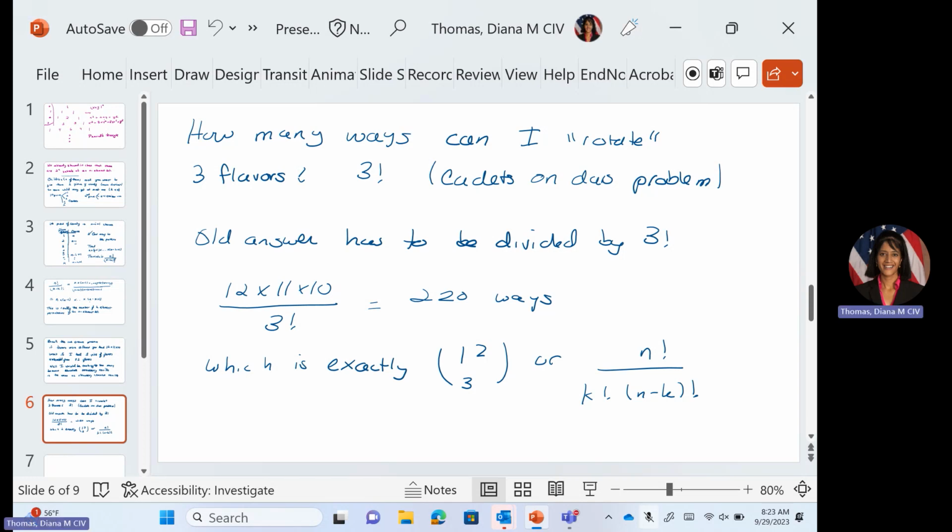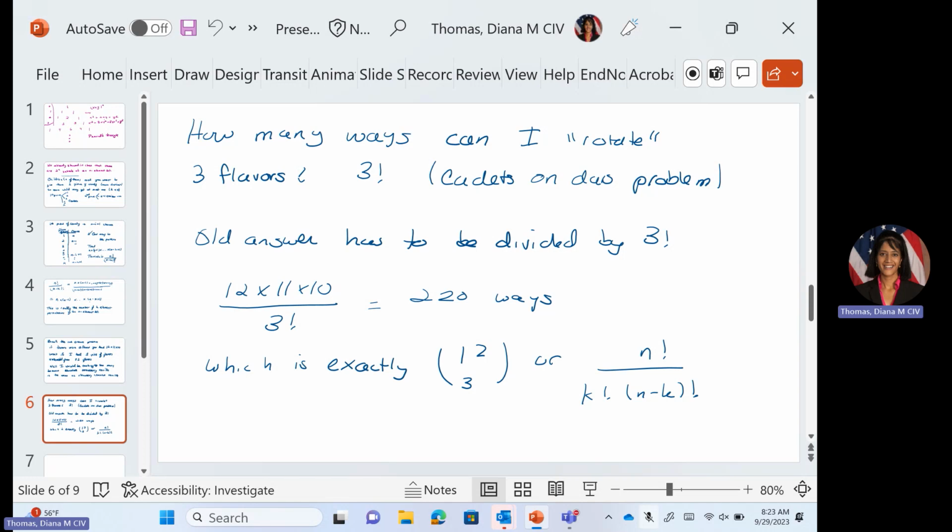So n factorial is if you can grab the same item twice, right? No, n factorial is you're not grabbing it twice, but the order doesn't matter. Well, it's both, right? You don't grab it twice, and the order doesn't matter either.